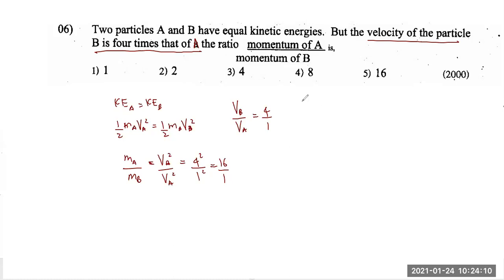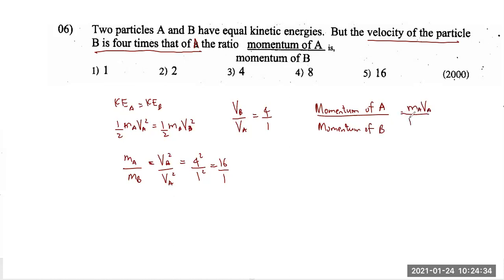Next, they are asking momentum of A over momentum of B. What is the equation going to be? That is MA VA divided by MB VB. When you do a question, you don't have to write all these things, I'm just writing them to explain to you all.